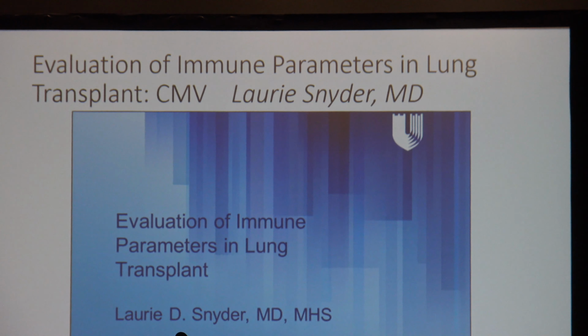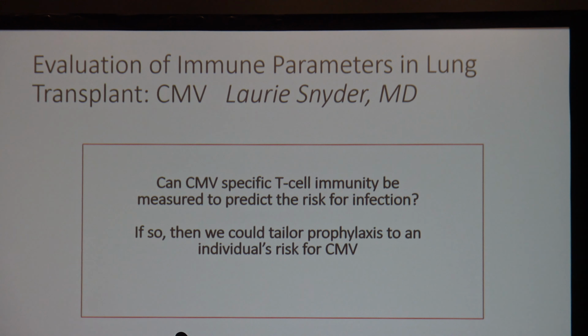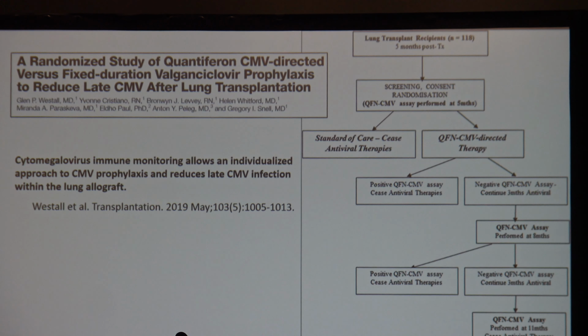Lori Snyder spoke a little bit about CMV and the immune system. Her hopes were that we could figure out specific signatures of T-cell immunity in patients that would predict risk for infection, and then we could tailor prophylaxis.